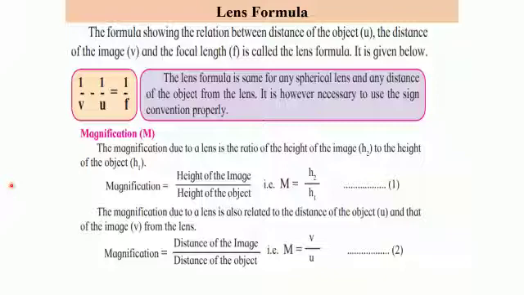When magnification is less than 1, the image is going to be diminished. And when magnification is equal to 1, the image is going to be of the same size as that of the object. So this is with respect to convex lenses.